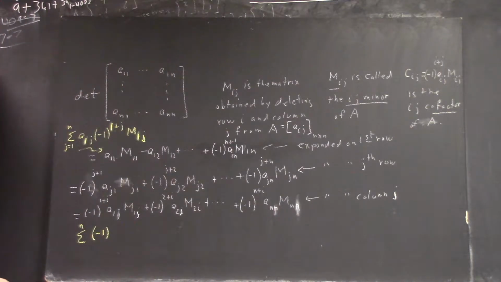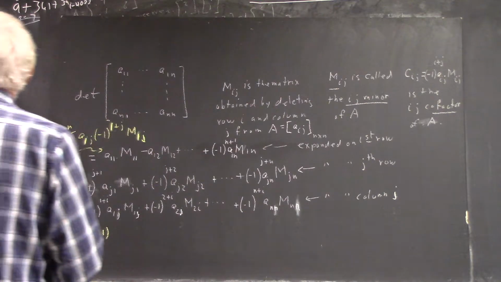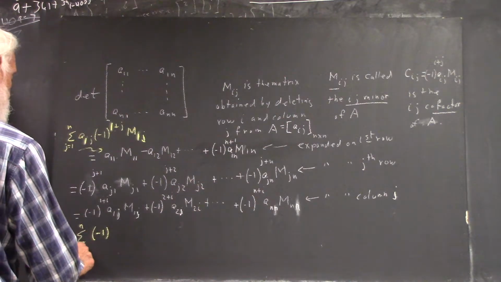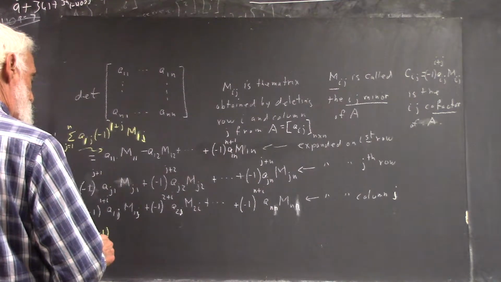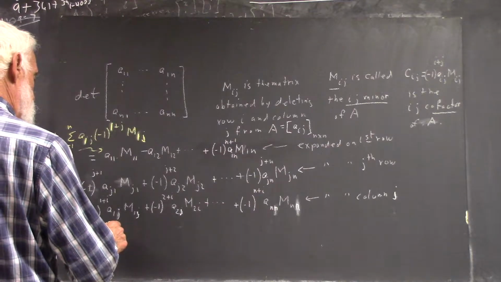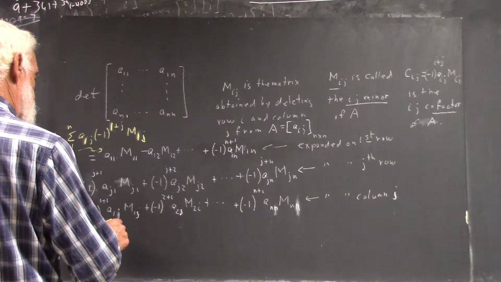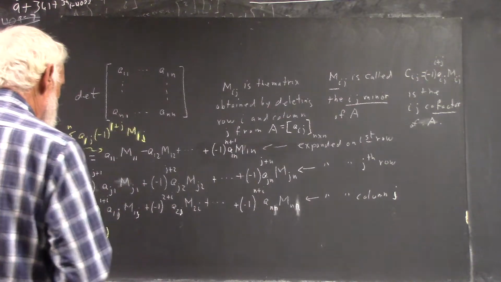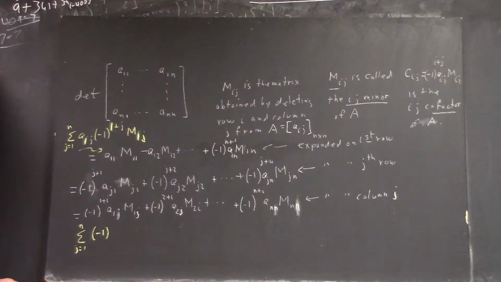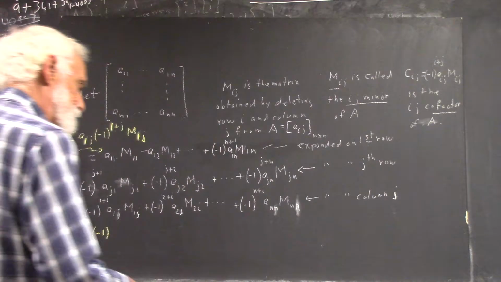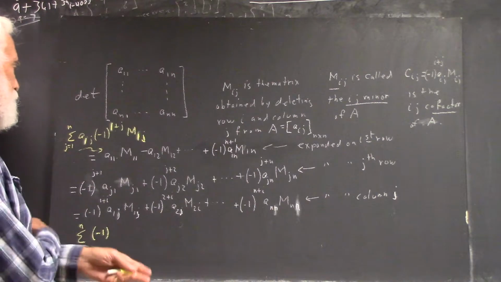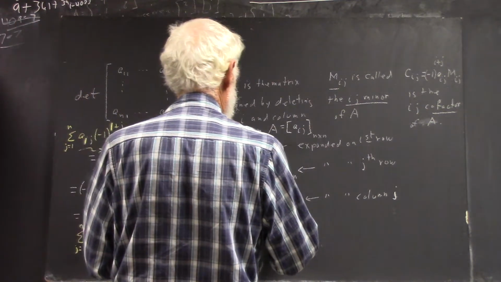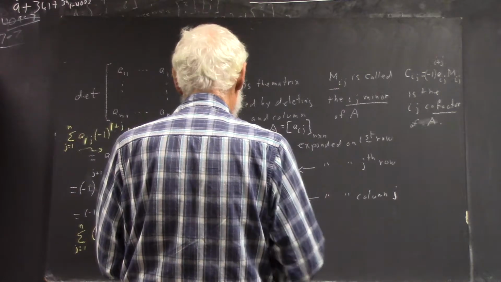Okay, so now, it's J that's going to go from 1 to N. J doesn't go from 1 to N. J is always J. And it should be NJ.